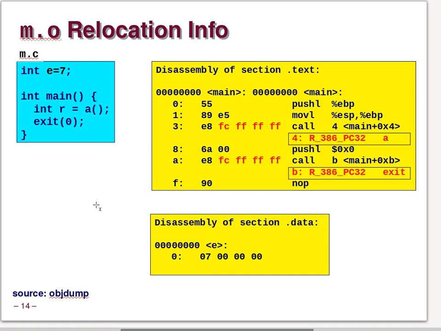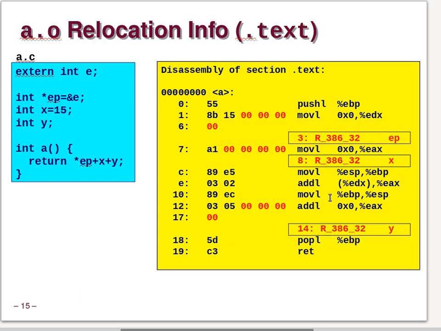Now this is an example of what was compiled using GCC, a 32-bit version of GCC. Notice that main might call main plus some offset, jumping to some value down here, and then this is where we're going to exit as well. So a call to A and a call to exit.